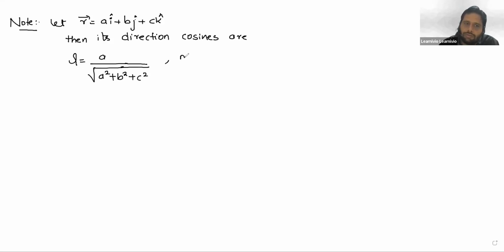So m becomes b by under root of a square plus b square plus c square, and n is equal to c by under root of a square plus b square plus c square.